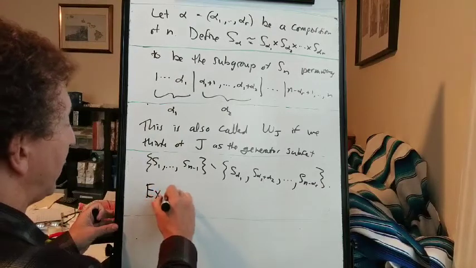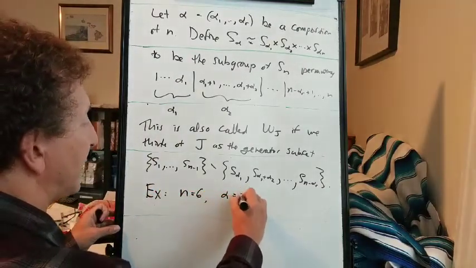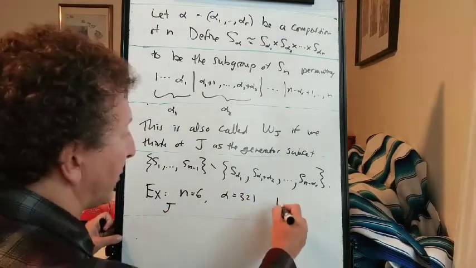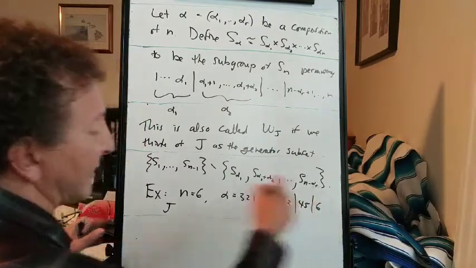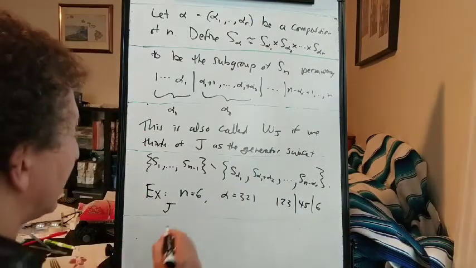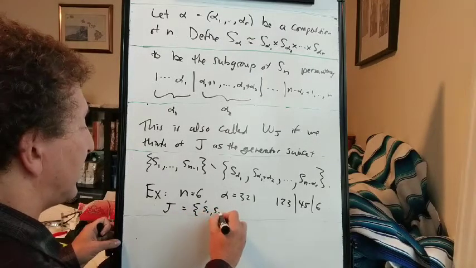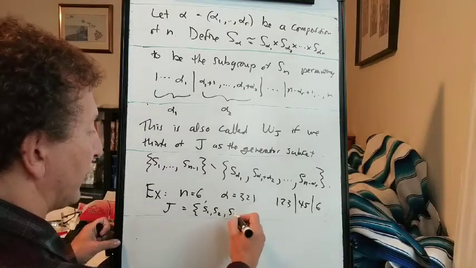So for example, let n be 6, let alpha be 3, 2, 1. Then we're permuting 1, 2, and 3 amongst themselves, 4 and 5 amongst themselves, and then the last letter has to be 6. So the generator set is S1 and S2, so we can permute these, and then S4, so we can permute the 4 and the 5.